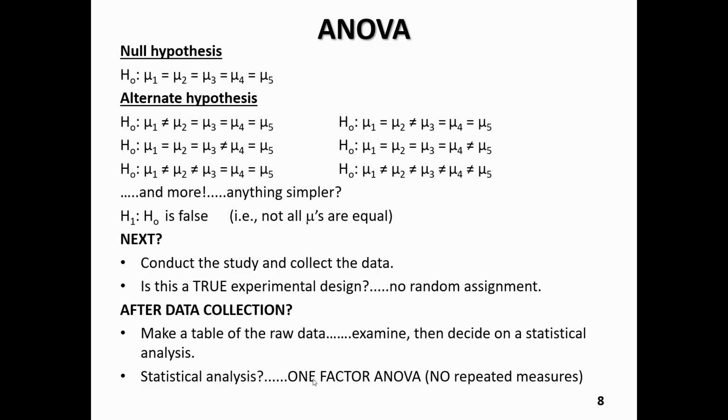And we had 5 levels of that. Now, this does not involve repeated measures, because once we take a measure from one business, we don't take another measure from the same business. We don't repeat the measure. So this ends up being just a simple comparison between the different groups.